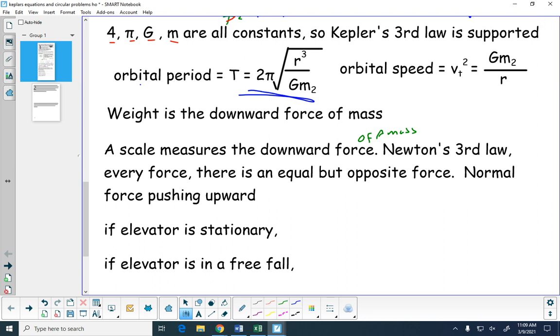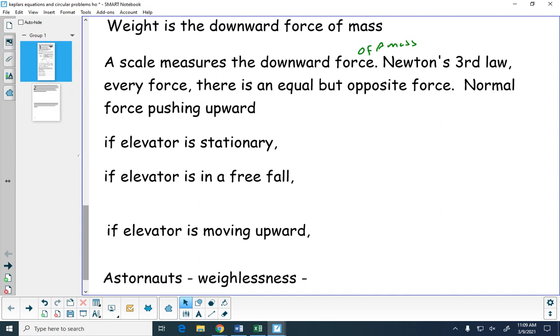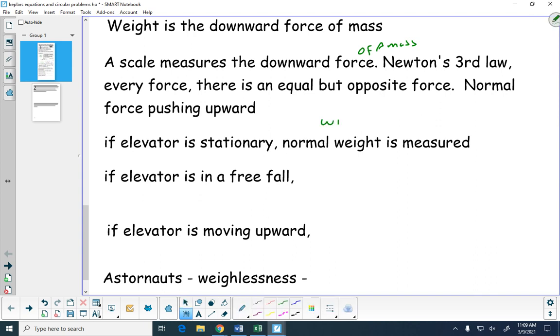If you're standing in an elevator, stationary, with a scale, your normal weight is measured. You step on the scale, you measure your weight. That is your weight.